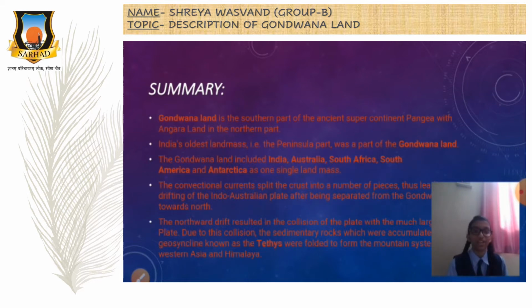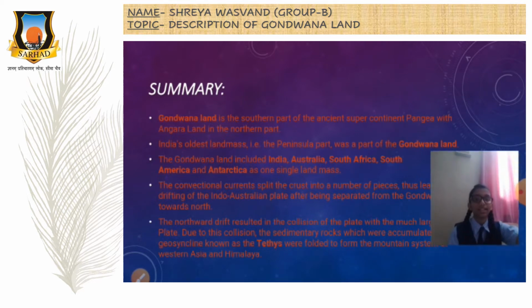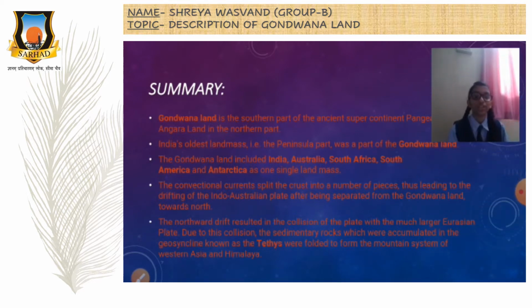The convectional currents split the crust into a number of pieces, thus leading to the drifting of the Indian-Australian plate towards the north after being separated from the Gondwana land. The northward drift resulted in the collision of the plate with the much larger Eurasian plate. Due to this collision, the sedimentary rocks which were accumulated in the geosyncline known as the Tethys were folded to form the mountain system of Western Asia and the Himalayas.